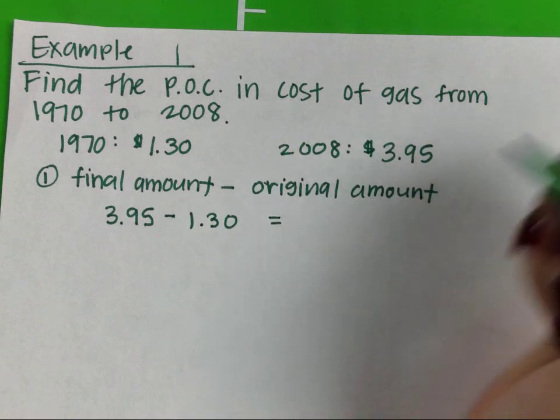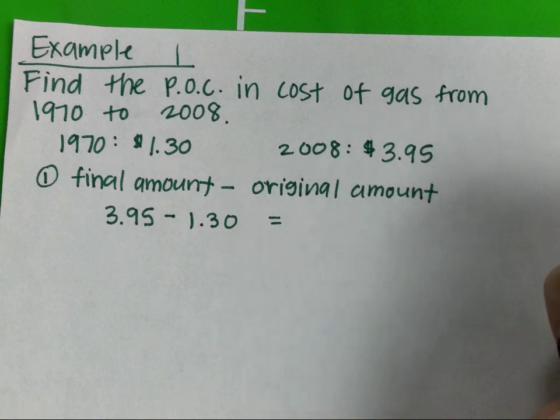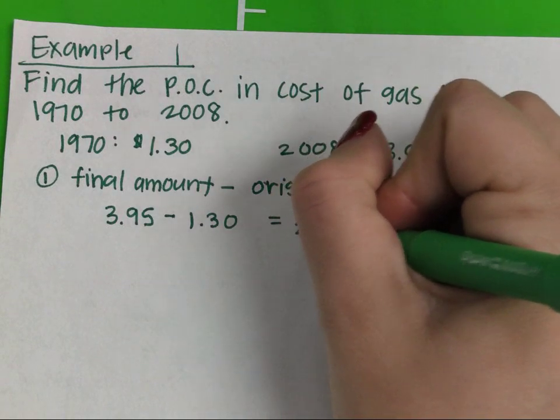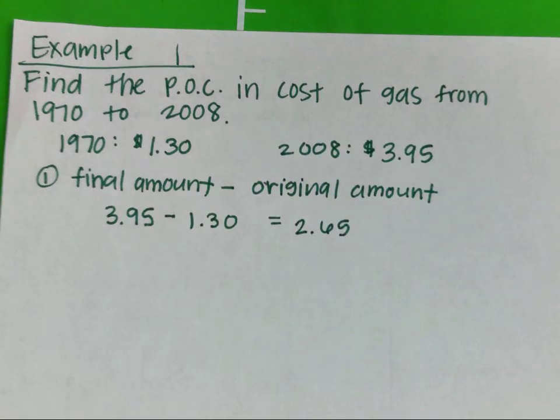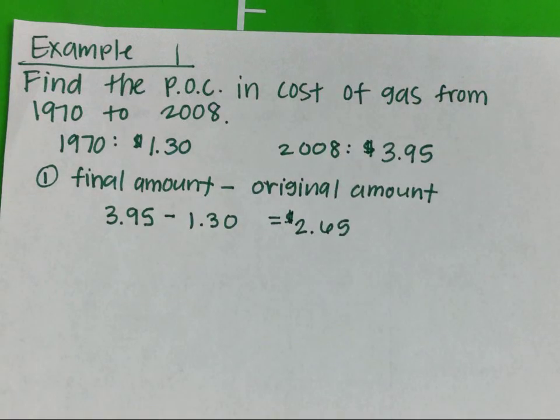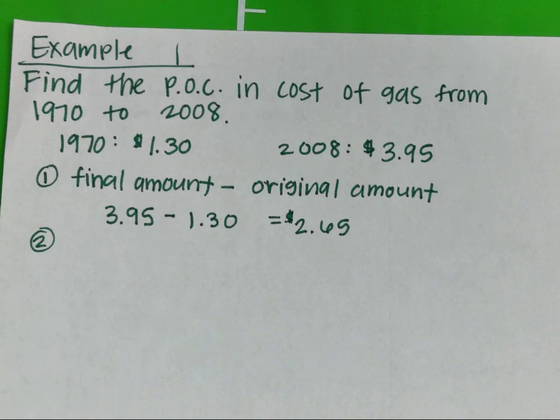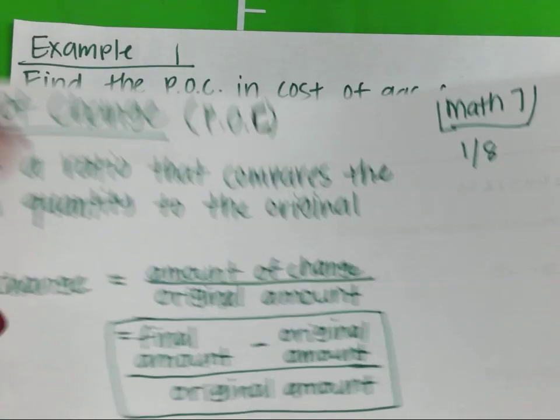So when I subtract those two numbers, what do we get? 2.65. Okay. So this is the amount of change. So it changed $2.65 between those 2 years. Okay. So now we need to find the percent of change. So if you remember, the percent of change, we use this formula right here.